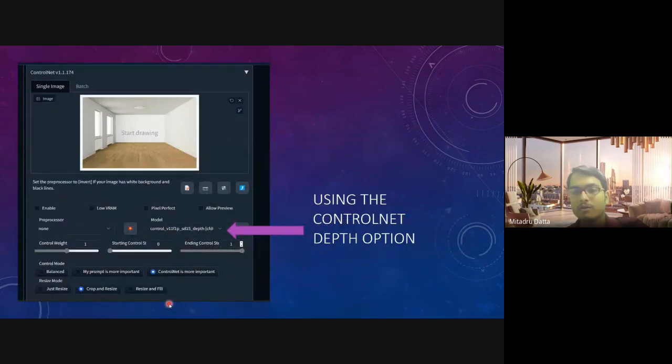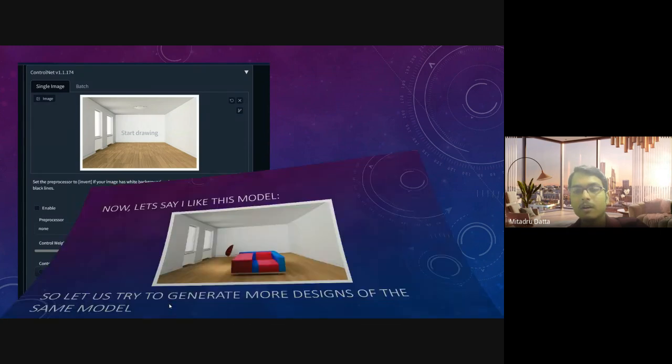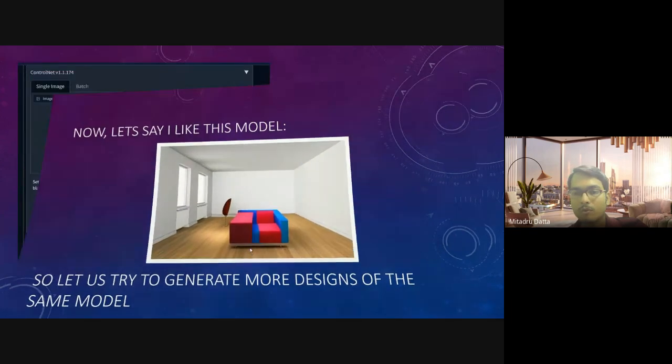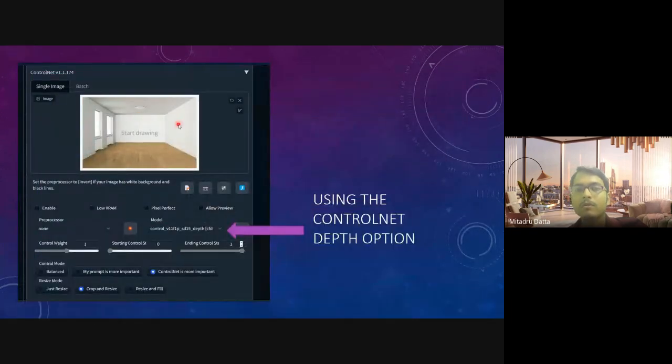Let's say I want to generate more variations of the same design, since maybe if our customer likes this design, I can show more of them. What you need to do is feed the ControlNet. There is a ControlNet panel downward, and in the panel I feed an image. It is the same image, so that the ControlNet model gets to understand in what depth surroundings our object is in.